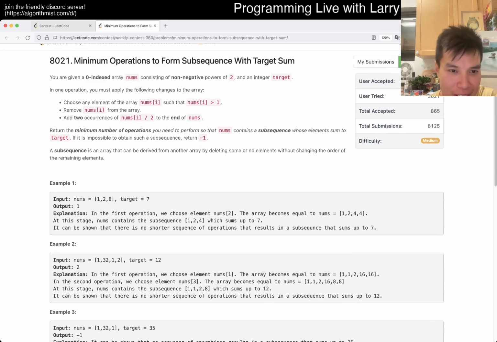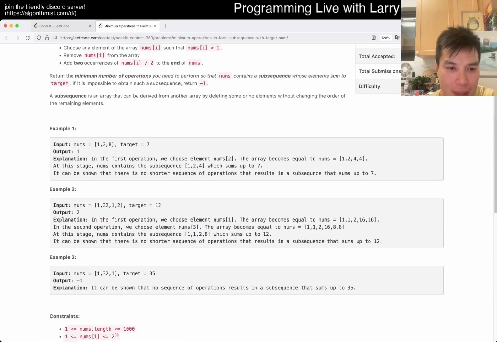How would I even greedy if I want to do greedy? That's what I'm trying to figure out. And is there DP? If we sort, can you kick out numbers?